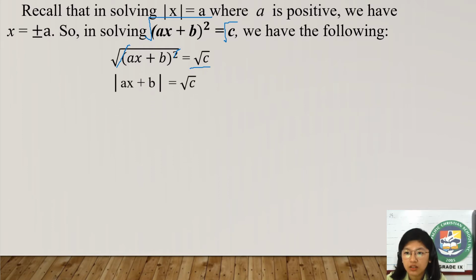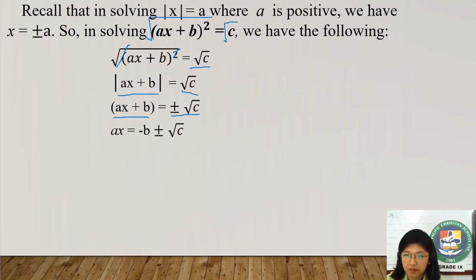Since the square root and exponent 2 are cancelled, we have the absolute value of ax + b equals the square root of c. By solving the linear equation involving absolute value, we have ax + b, that's the positive, then since square root of c, we have the positive and negative square root of c.